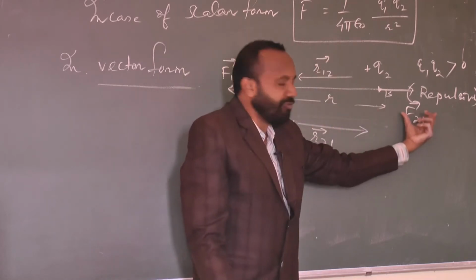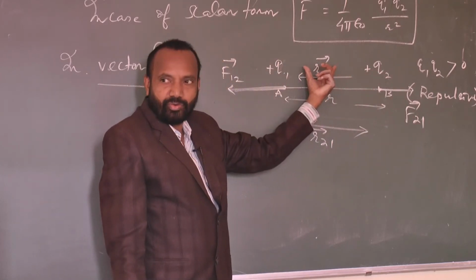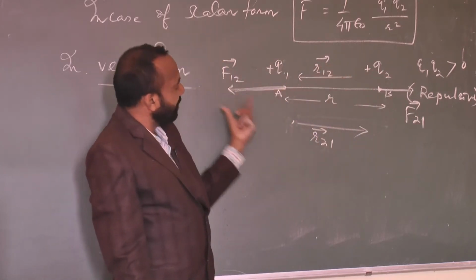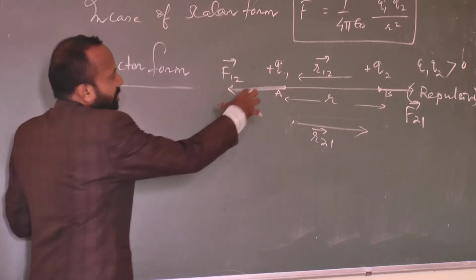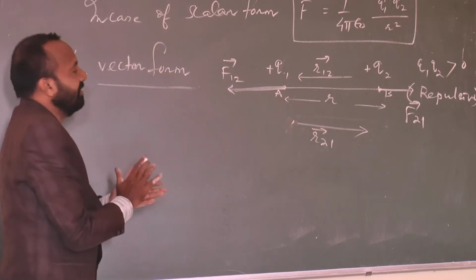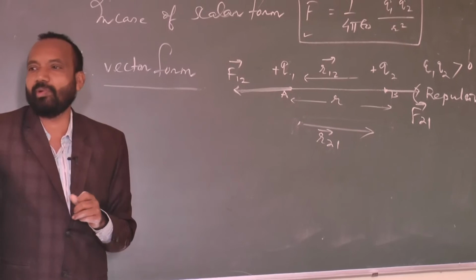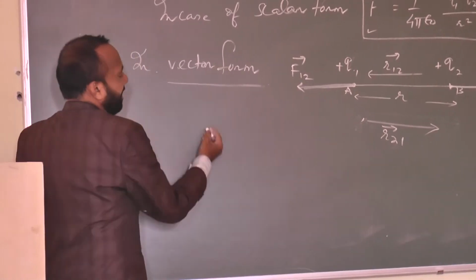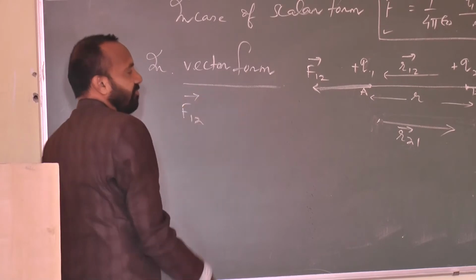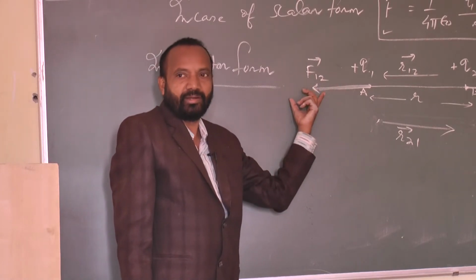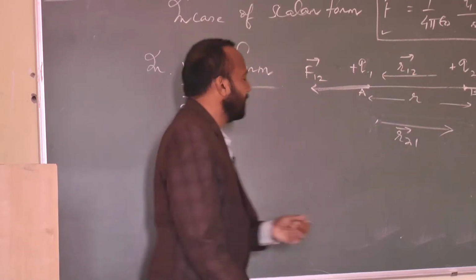When force F21 is there, the displacement is r12, and for force F12 the distance is r21. If you use this concept in the Coulomb force, F equals 1 by 4 pi epsilon naught q1 q2 by r square, then I can express F12 in vector form. F12 is the repulsive force between q1 and q2.